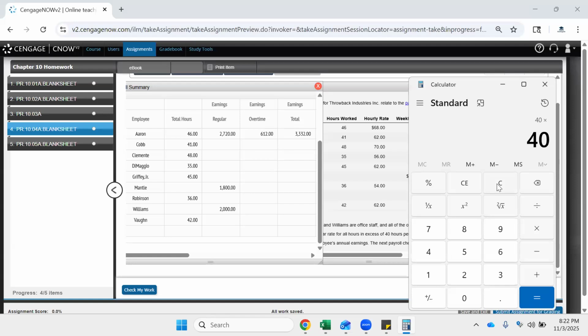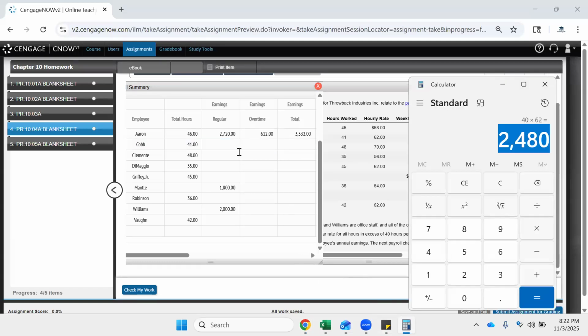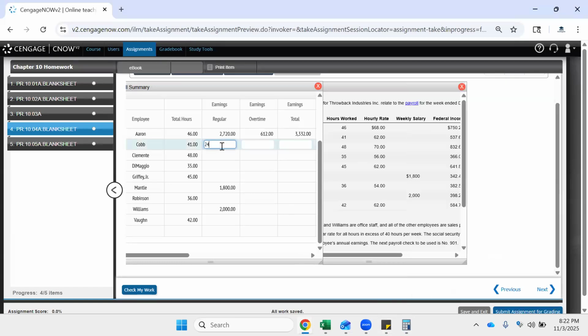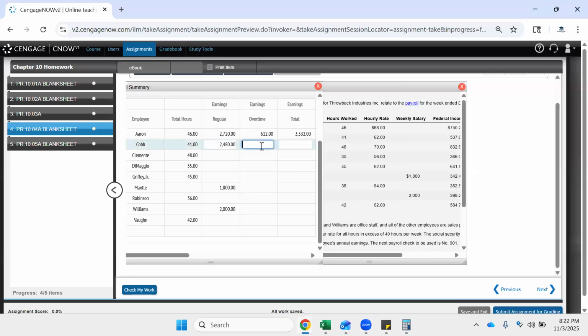For our next employee, they worked 41 hours times 62. 40 times 62 is 2,480 for the 40 hours of the work week. And they had 1 hour of overtime times 1.5 times 62 is $93 in overtime pay.